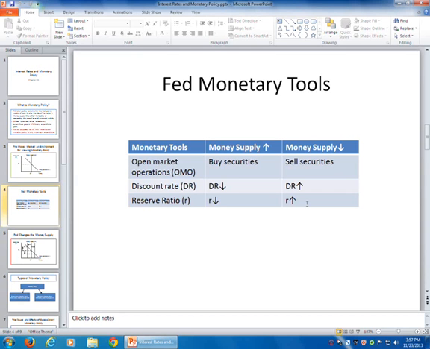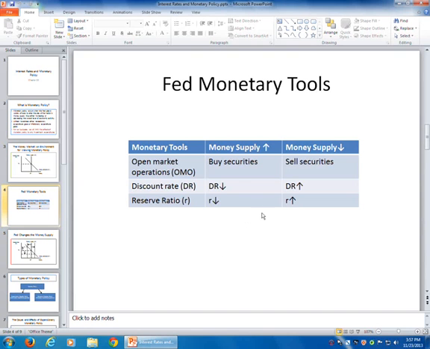By the same token, if the Fed lowers the required reserve ratio, that will cause the money supply to increase. If the Fed raises the reserve ratio, that means that banks have to hold more in required reserves, which means they have less in excess reserves. Less in excess reserves means less loaning, and so the money supply would tend to shrink.